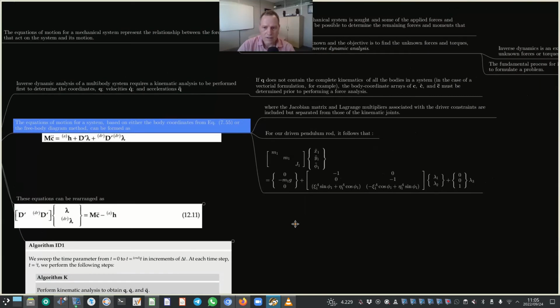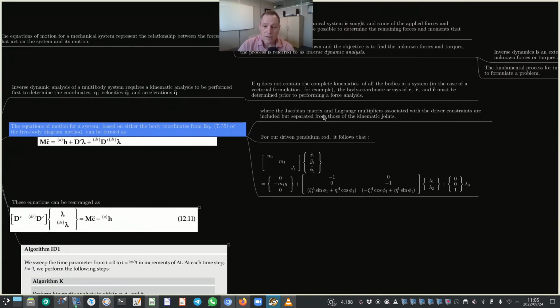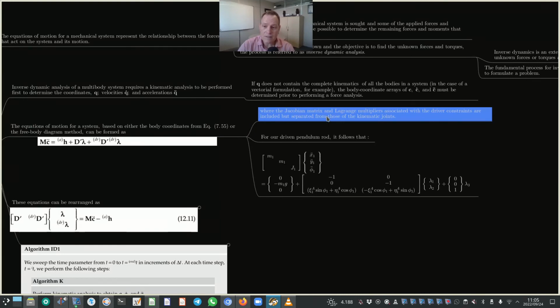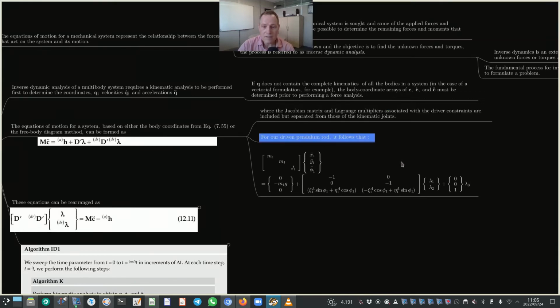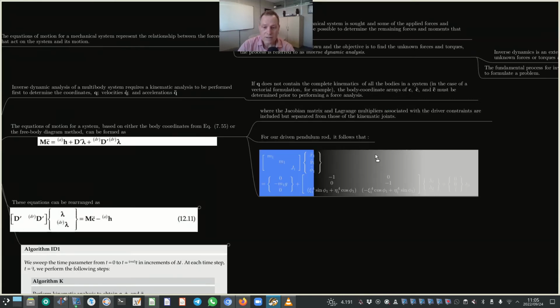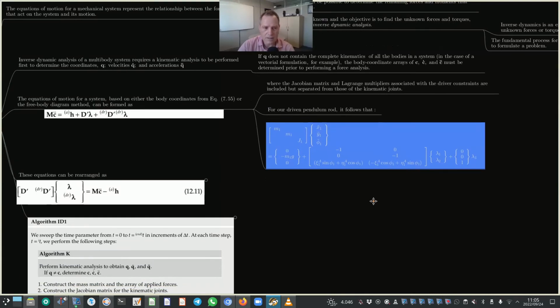Now, the Jacobian matrix and Lagrange multipliers associated with the driver constraints are included but separated from those of the kinematic joints. For our driven pendulum rod, it follows as you can see, the equations of motion written out in algebraic matrix form.